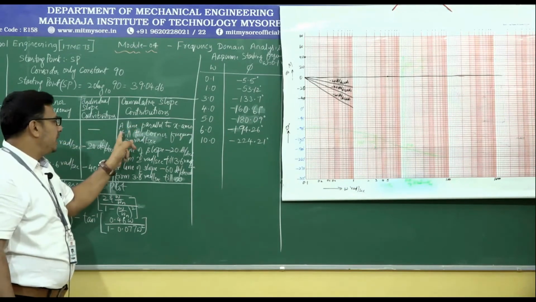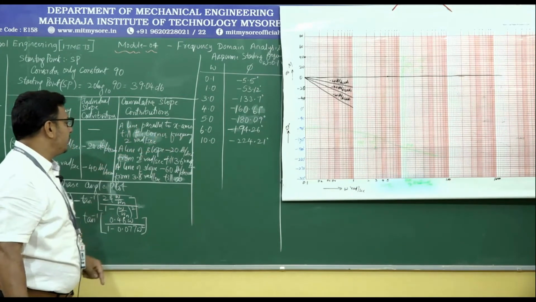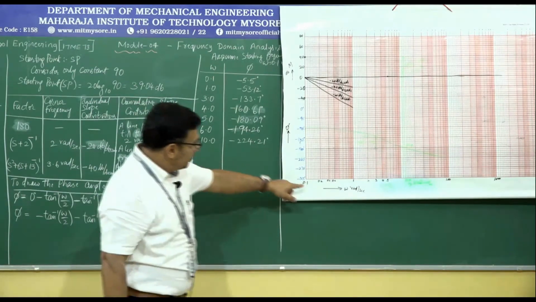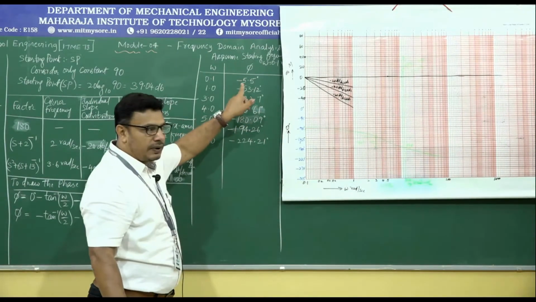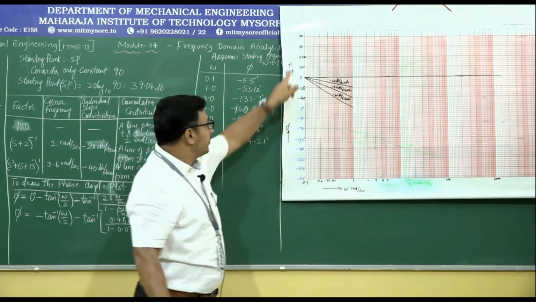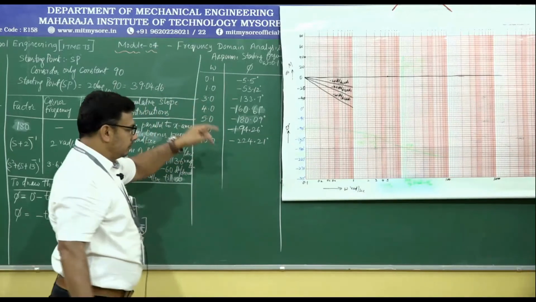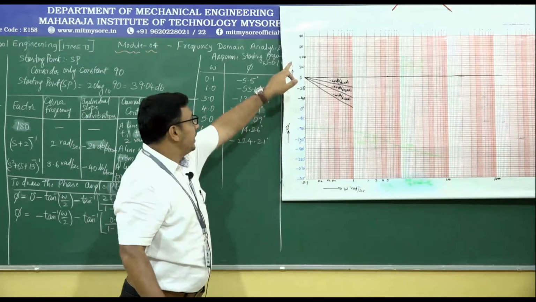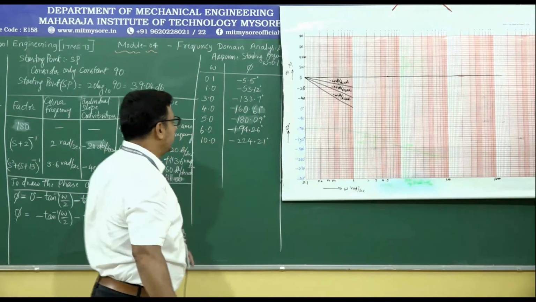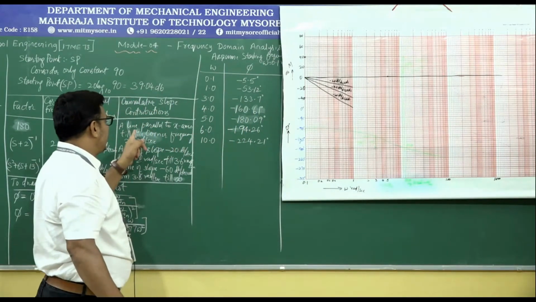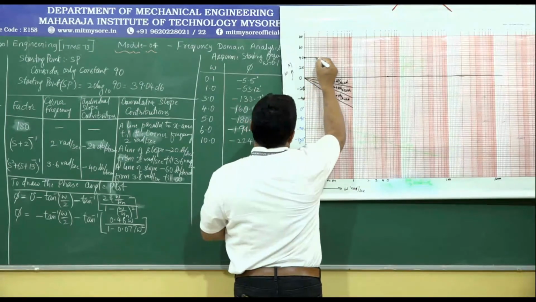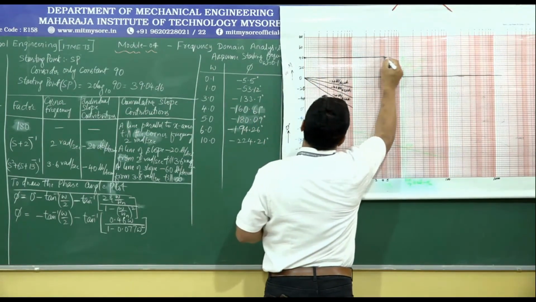It will just be a line parallel to the x-axis. See, the starting frequency we have assumed in the phase angle versus frequency plot is 0.1 radians per second. So I will retain as it is. So from that starting frequency along x-axis, along y-axis, I need to mark 39.04 decibels, and then a line has to be drawn which is parallel to the x-axis.